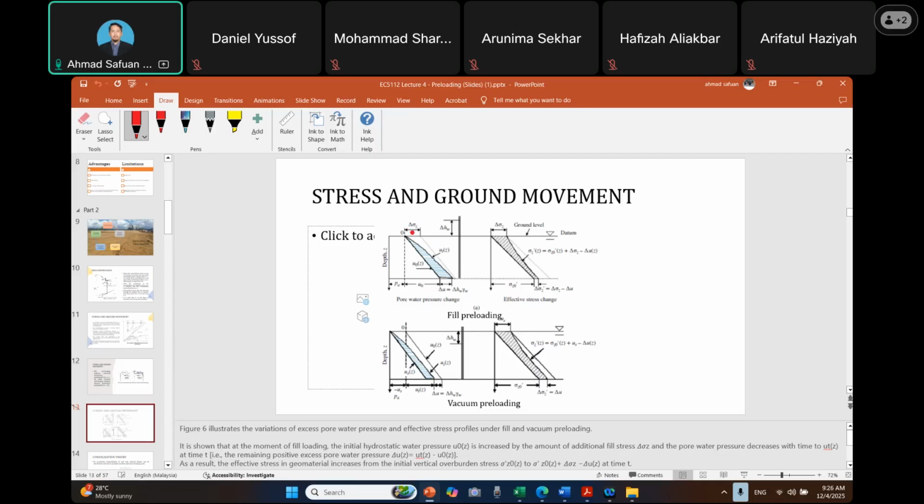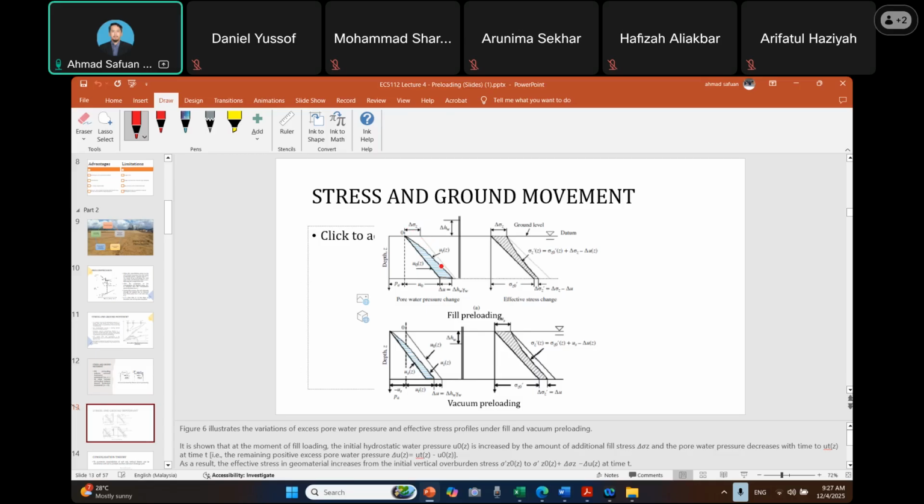So it is shown that at the moment of field loading, the initial hydrostatic water pressure is increased by the amount of additional field stress.